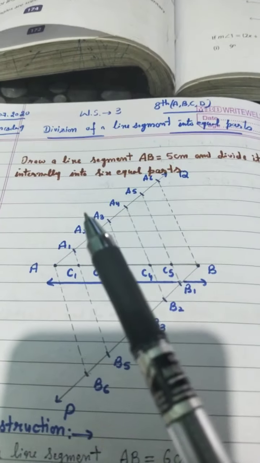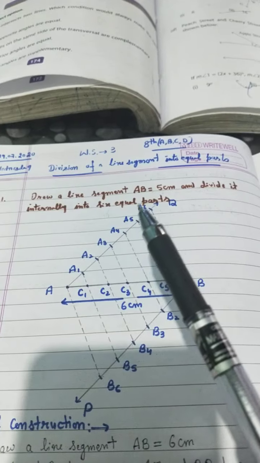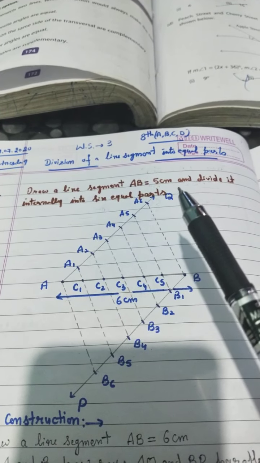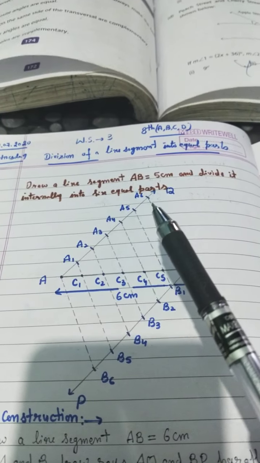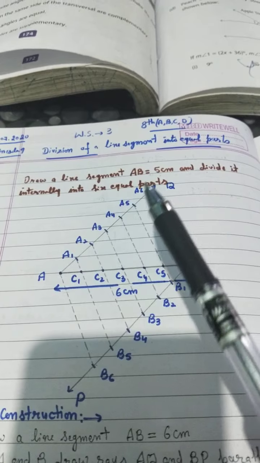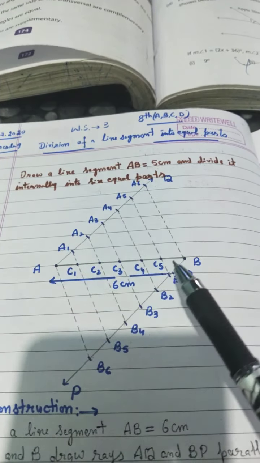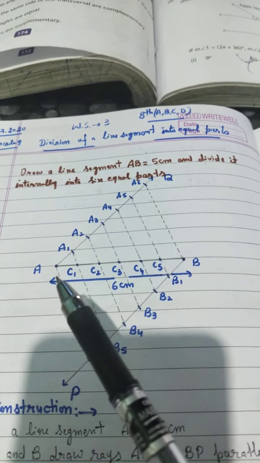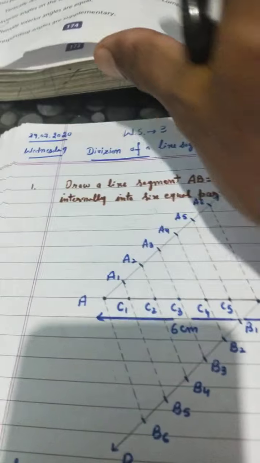So worksheet third, first question: draw a line segment AB equal to 5 centimeter and divide it internally into 6 equal parts. First step, draw a line segment with the help of ruler. AB is equal to 6 centimeter.